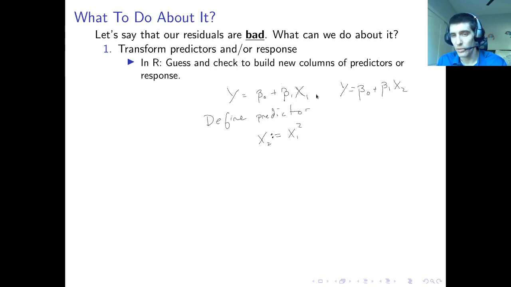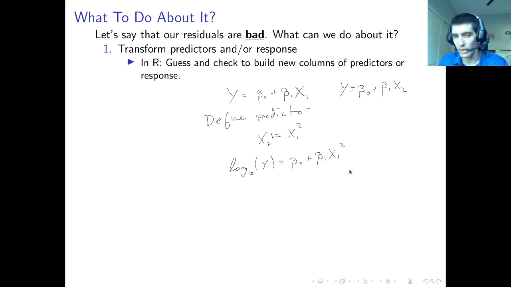Similarly, instead of predicting y, I could predict the log of y. Maybe the true relationship is log base 10 of y equals beta 0 plus beta 1 x1 squared. So this is the true relationship that I was positing before, except I'm taking the log of y.